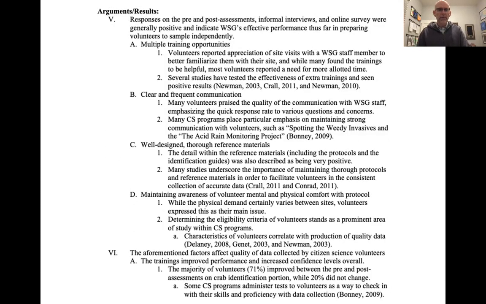And here's just an example of how you might organize the arguments or results section. In this case, there are not only Roman numerals for the various paragraphs, but then there are some additional headings for some of the main features of those results.